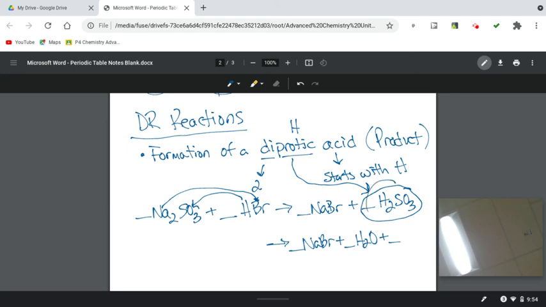So if we remove two hydrogens and an oxygen from this compound, we're left with SO2. So whenever you get a diprotic acid produced, you must write it like this, and you must break it apart and then balance the equation.